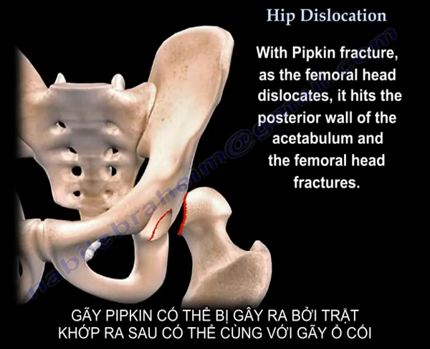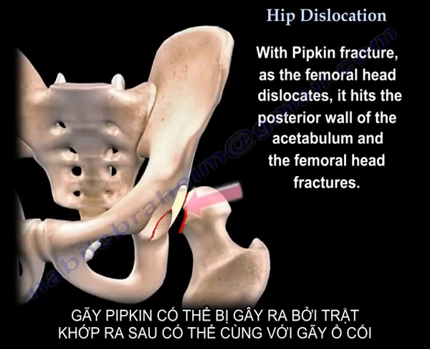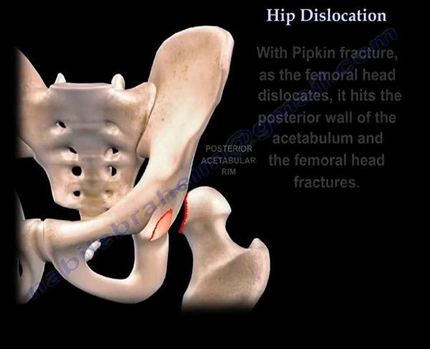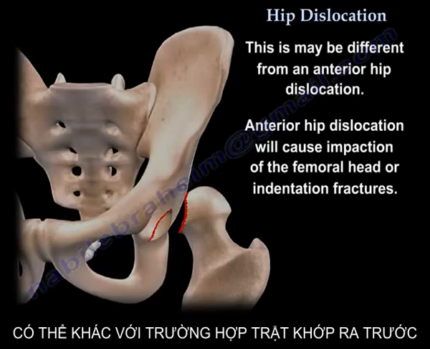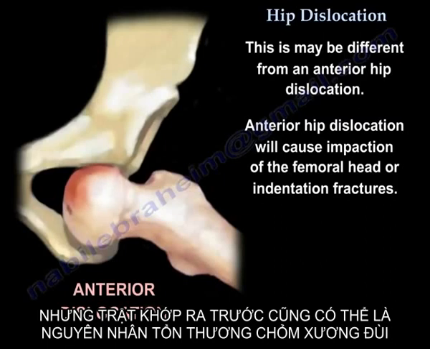In Pipkin fracture, as the femoral head dislocates, it hits the posterior wall of the acetabulum and the head fractures. This might be different than in anterior hip dislocation, which might cause impaction of the femoral head or indentation fractures.